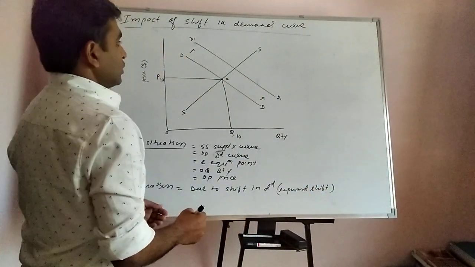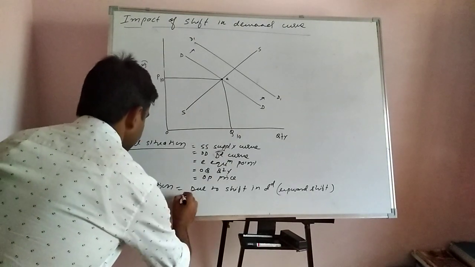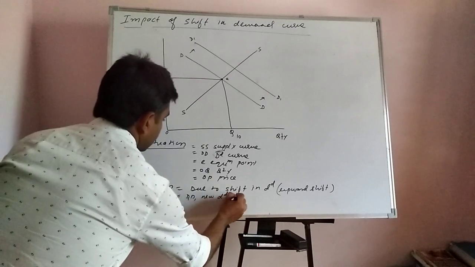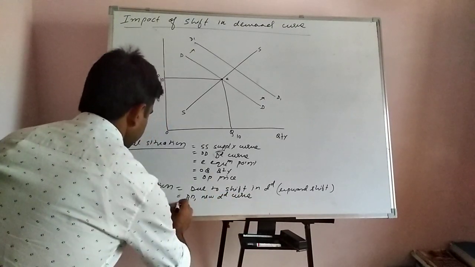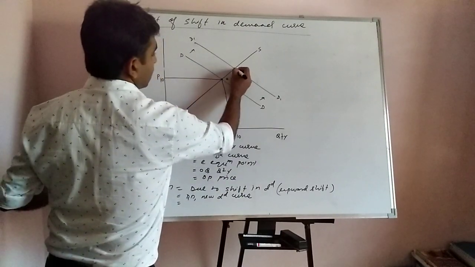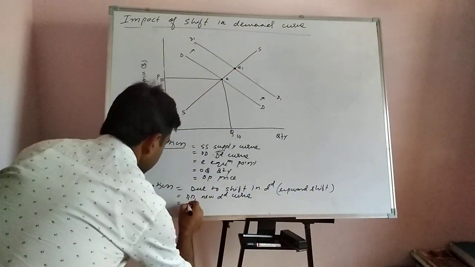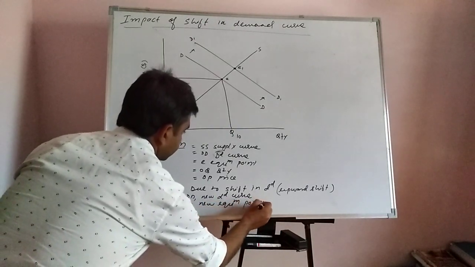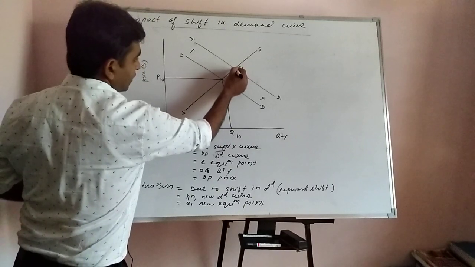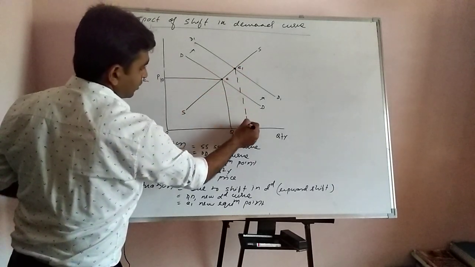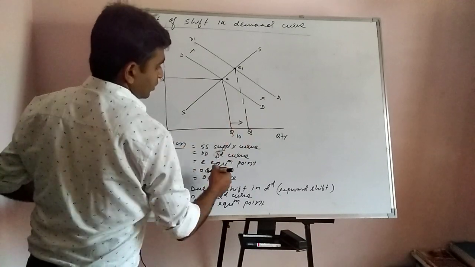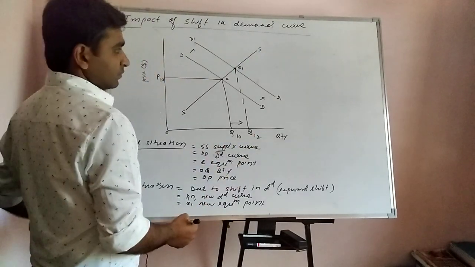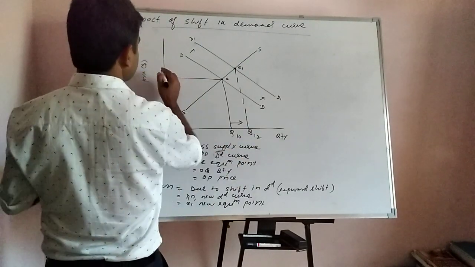We have a new demand curve, D1, and we get a new equilibrium point E1. Parallelly we get a new quantity, say 12, because quantity demanded has increased.